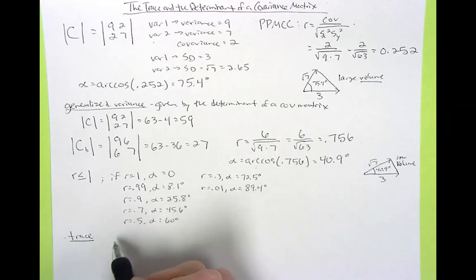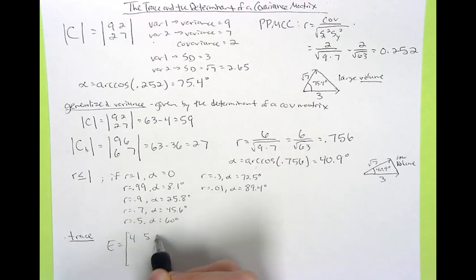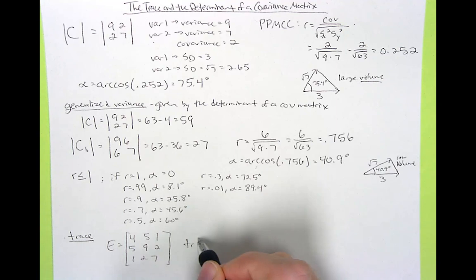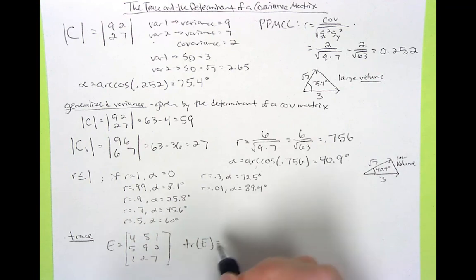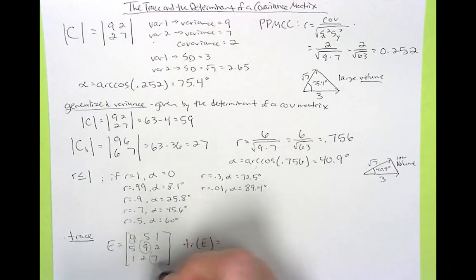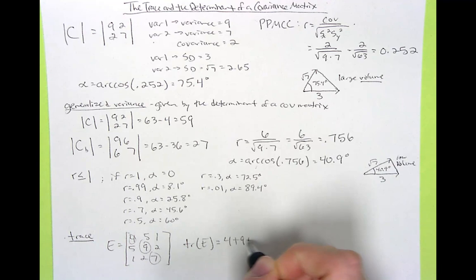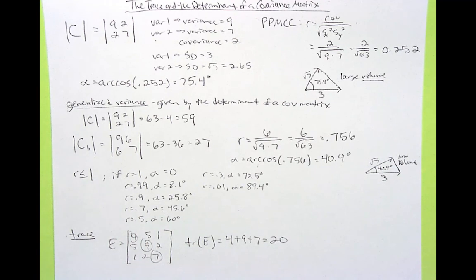So for example, we can have a matrix E, a 3 by 3 matrix that the values are 4, 5, 1 going across, 5, 9, 2, and 1, 2, 7. The trace of E is going to be the sum of the diagonals, 4, 9, and 7. So 4 plus 9 plus 7 equals 20. That's the trace. Pretty easy, huh?